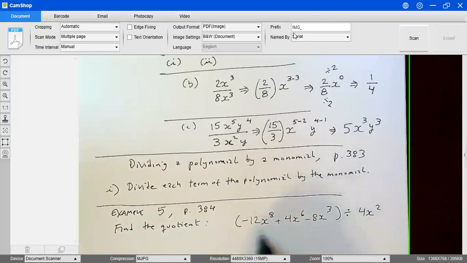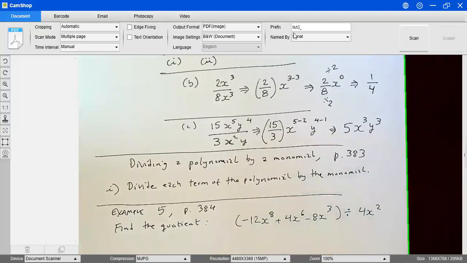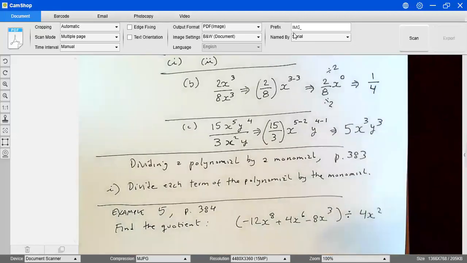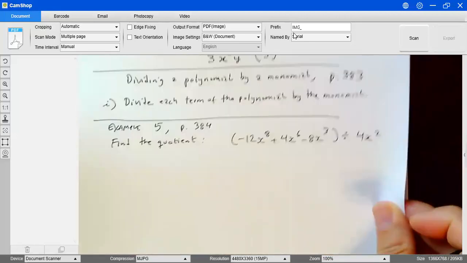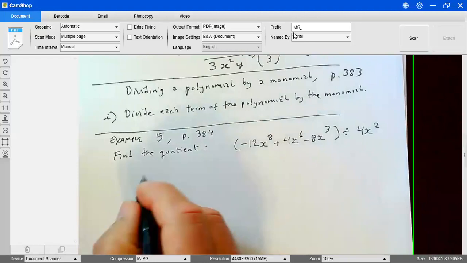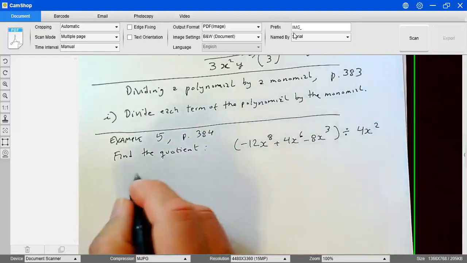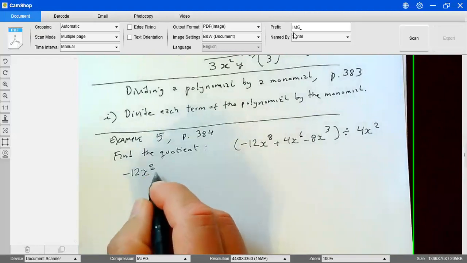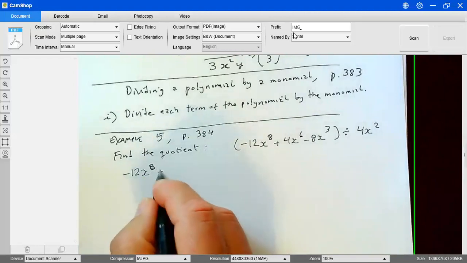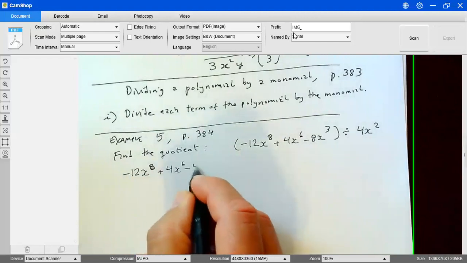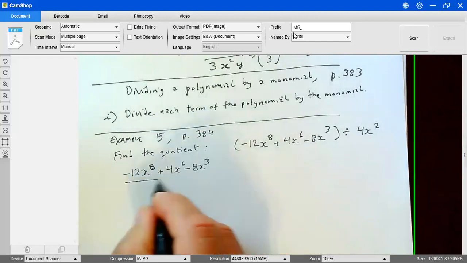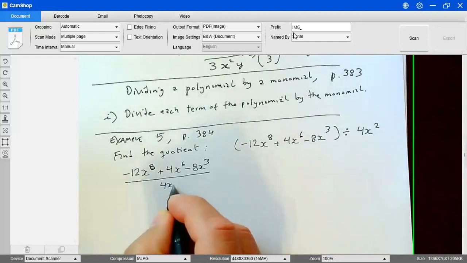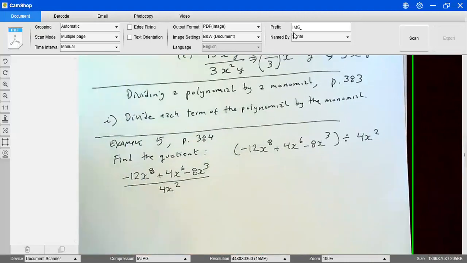So this is the polynomial, and this is the monomial. The best way to work this is writing any division as a fraction, in this case, when you are dividing by a monomial. So the numerator is just the polynomial, and the denominator is, in this case, the monomial.